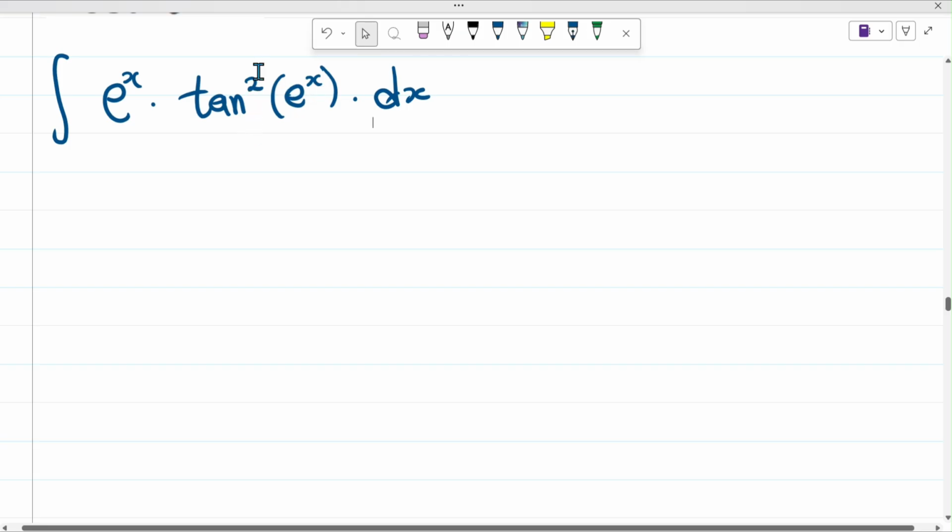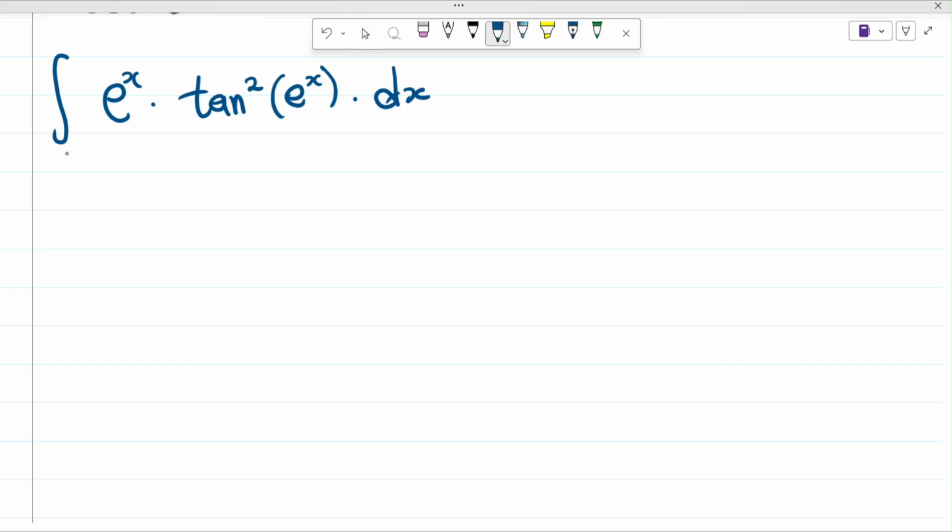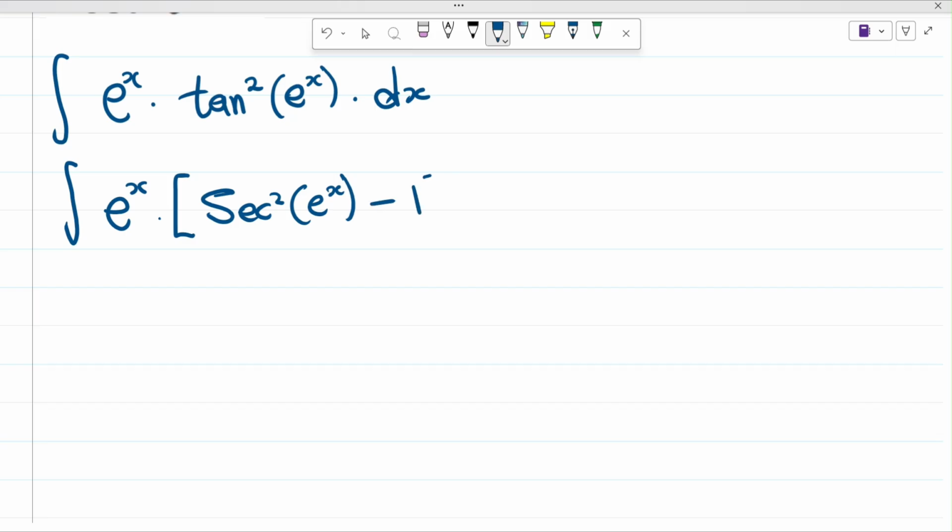So I need to change tan squared using the square identity. I'm going to put e to the power x and then change tan squared into sec squared of e to the power x minus 1, and then dx.